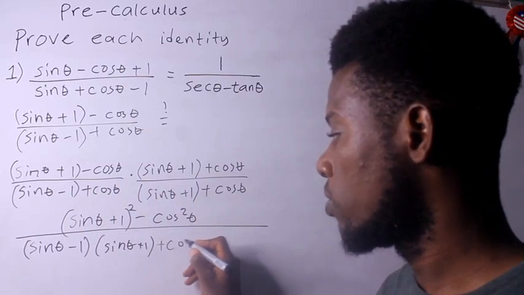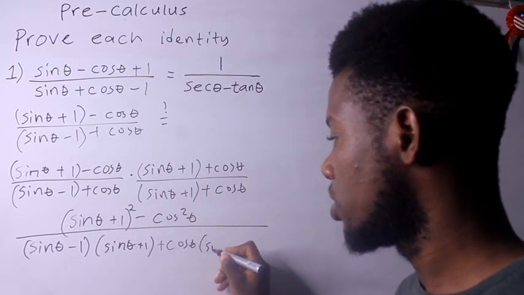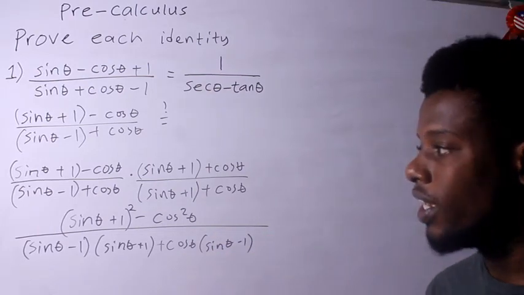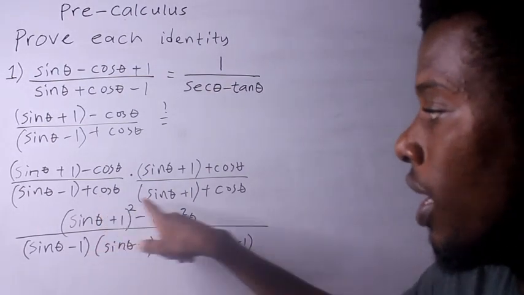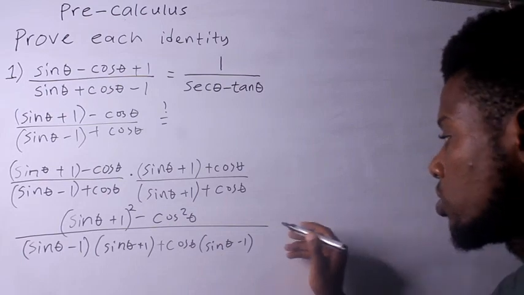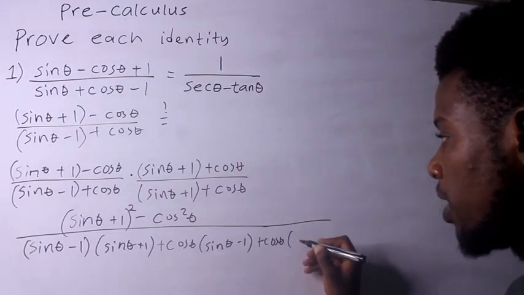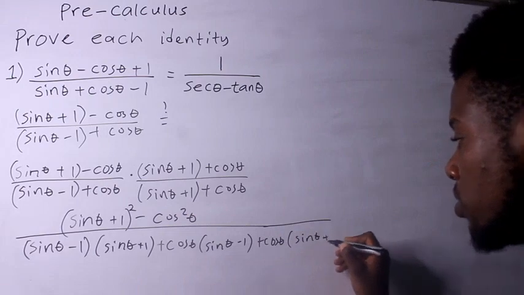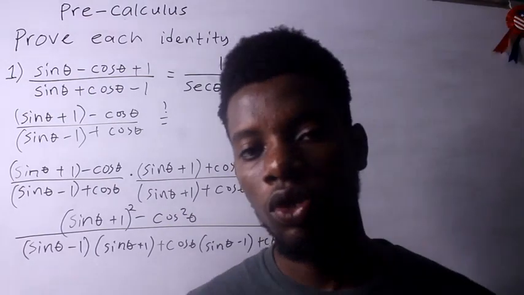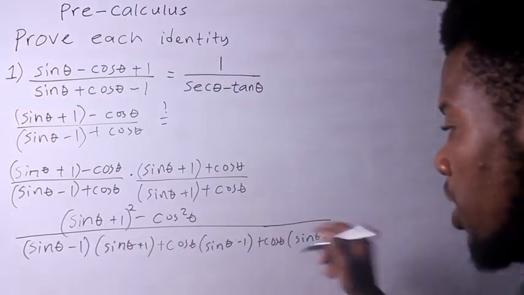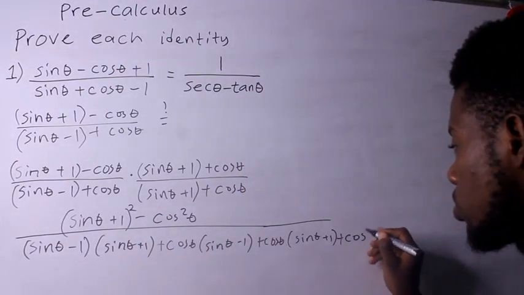So we have cos theta times sin theta minus 1. And then from there, the next thing again is to multiply cos theta by sin theta plus 1. So we multiply cos theta by sin theta plus 1. The next thing to do is to multiply cos theta by cos theta. So cos theta times cos theta is cos square theta.